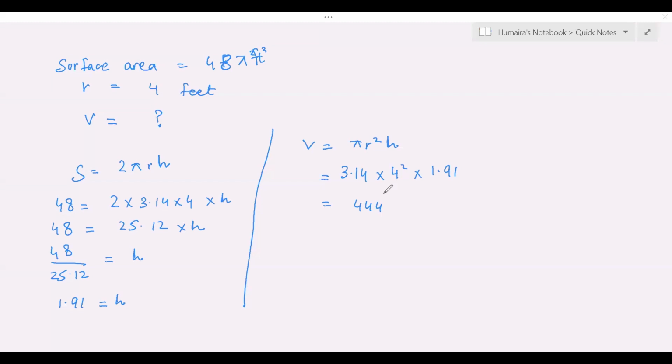Multiplying 16 with 3.14, it's 96. That's what I got, 95.95. I think we did the math wrong somewhere, because there's nothing close to that in the answers.